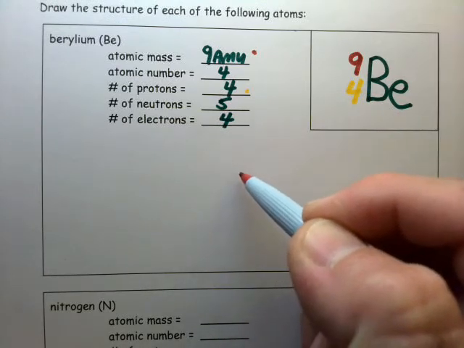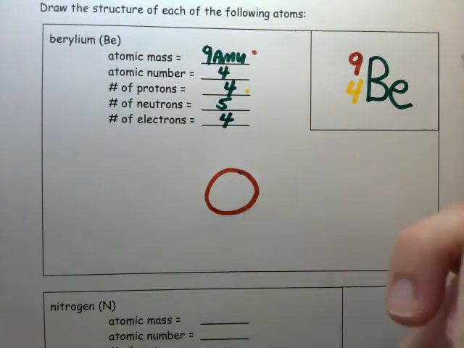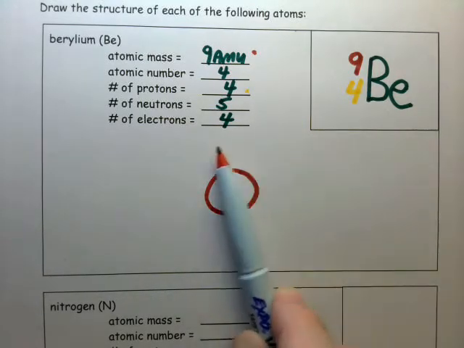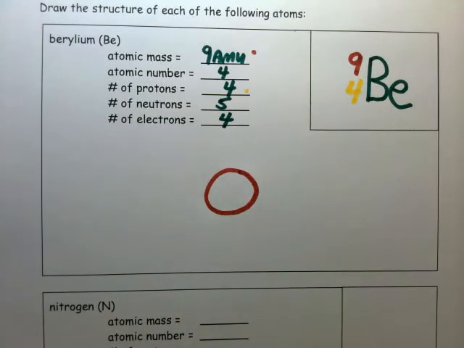I'm going to represent the nucleus as a circle. That's not realistic. Remember, I'm drawing a three-dimensional object on a flat piece of paper, so this is going to be a cartoonish version of an atom. But it will work and give us the useful information that we need. So I'm going to draw that circle and say that is the nucleus of this atom.